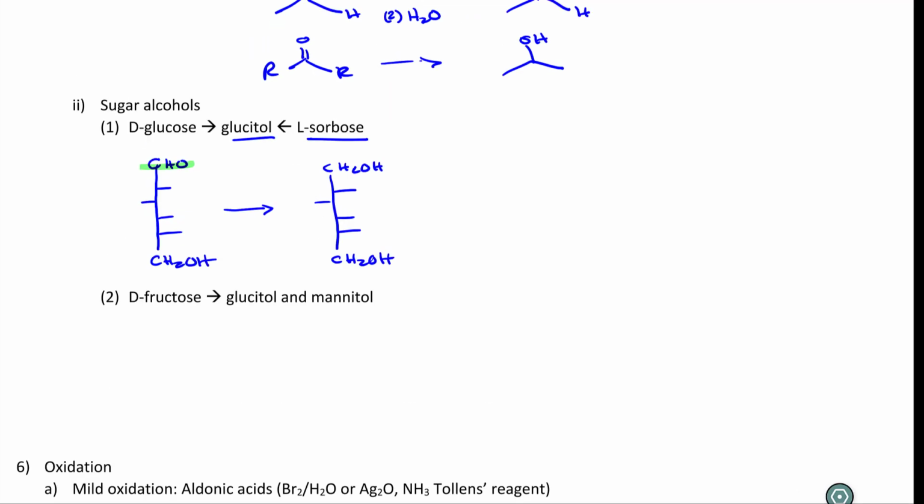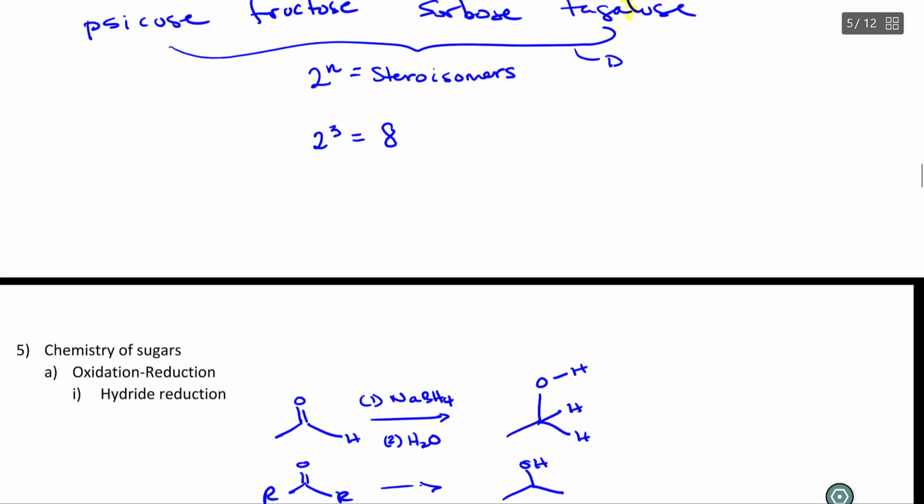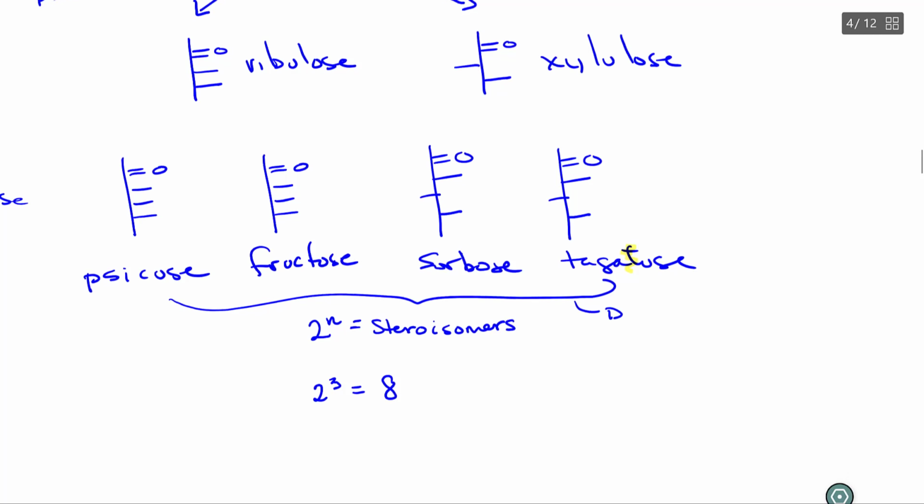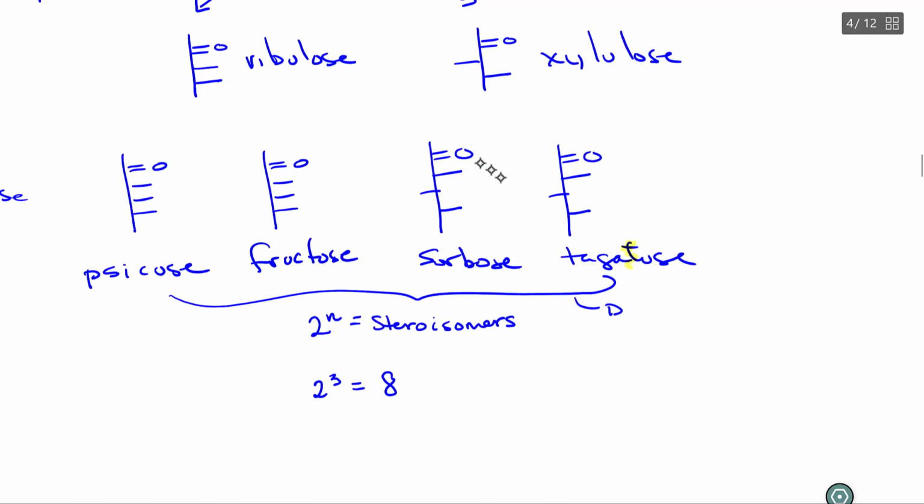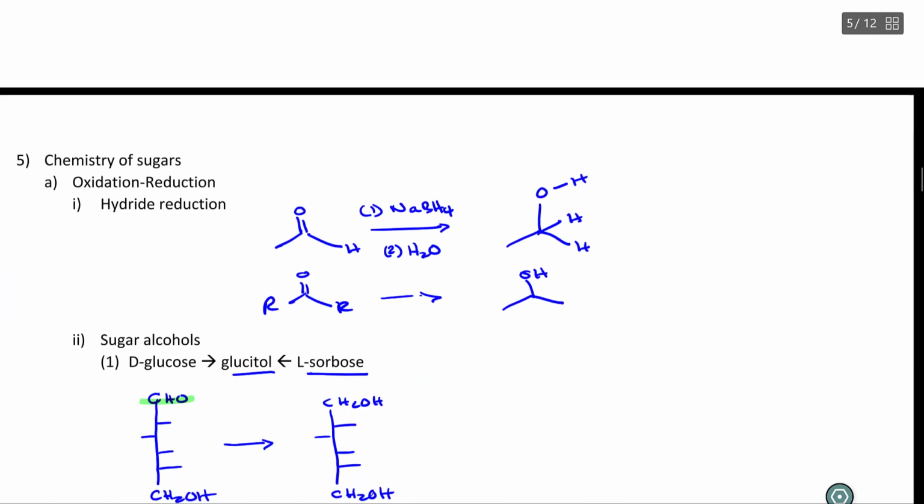Okay, so it turns out you can also get glucitol from L-sorbose, and I'll show you that next. To get the structure of sorbose, this is how I actually recommend you use these drawings. You just go up to here and you see, oh, there's sorbose right there. And then I'll redraw that.